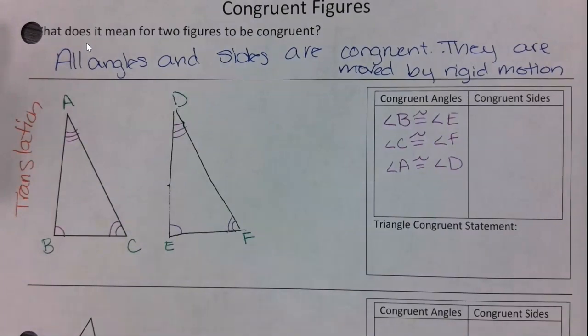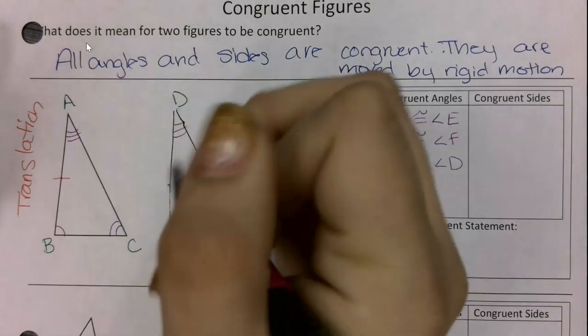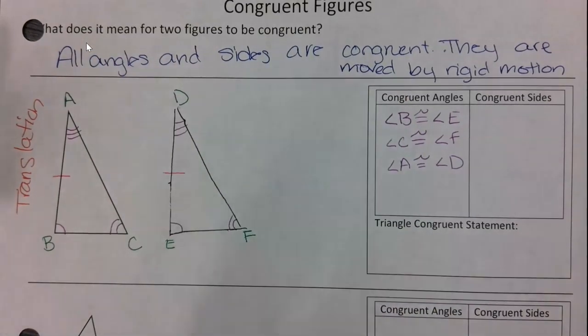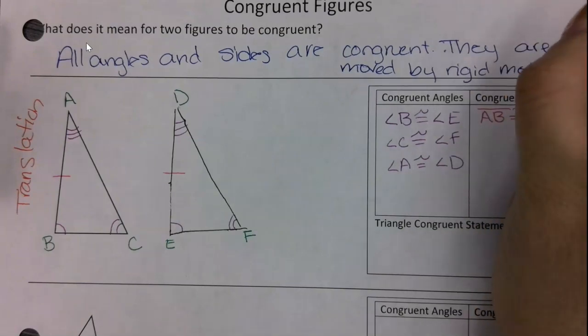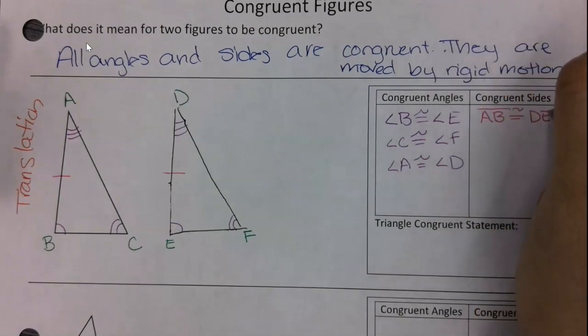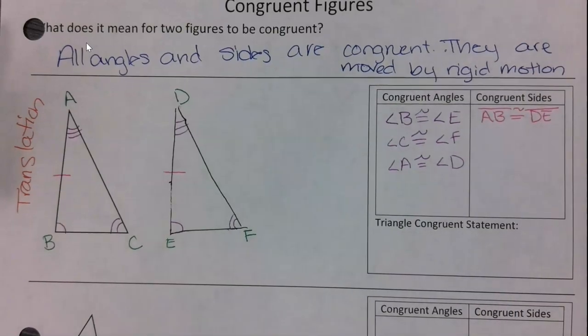What about my congruent sides? I have congruent sides. So I have A and B is the same length as D and E. Okay. Any other sides that are the same length?